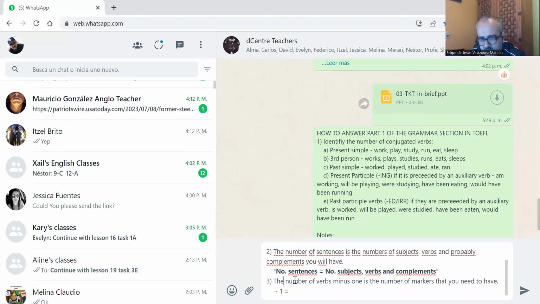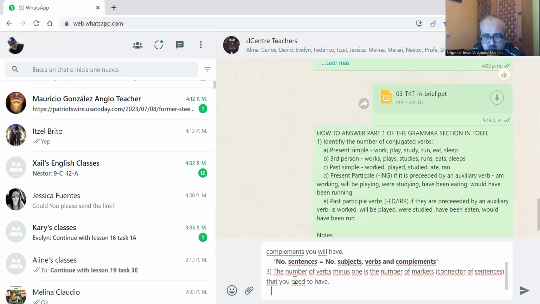A connector of sentences, yes. In this case, you can call them linkers, or conjunctions, connectors of sentences. Okay, so the number of verbs minus 1 is the number of markers.